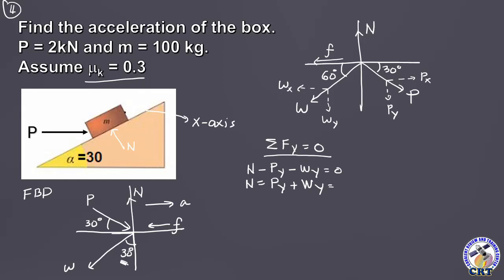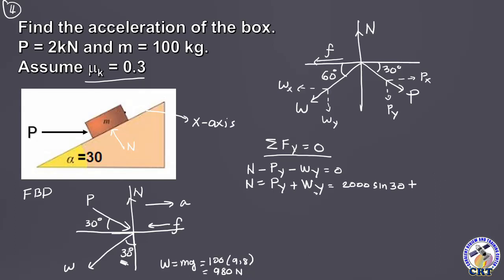Substitution for Py, it's 2000 sine of 30 degrees plus Wy. We already have our W, but let us show again the calculation here. W is mg equals 100 times 9.8 and this is 980 newtons.